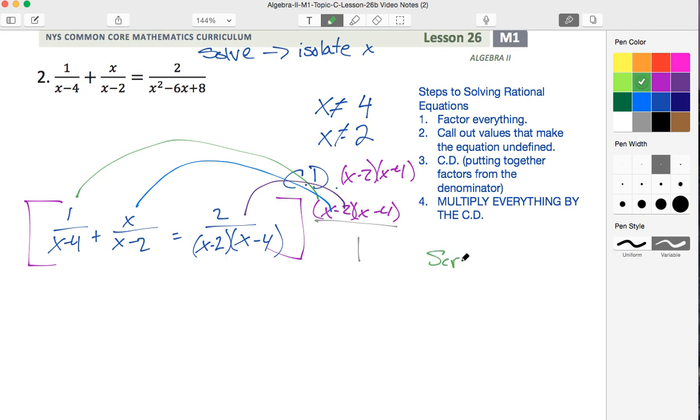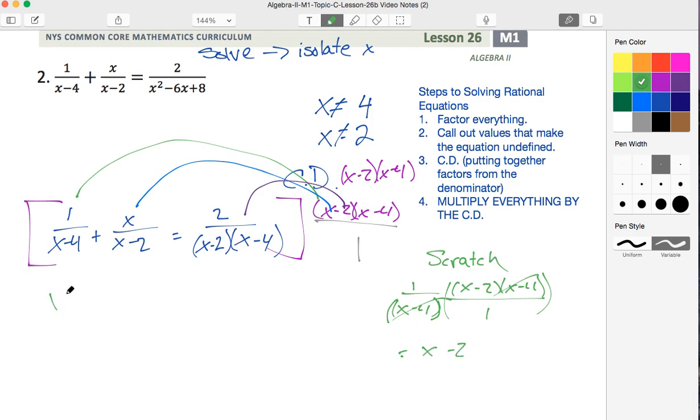In my scratch work, I am going to multiply 1 over x minus 4 times x minus 2, x minus 4, and technically this is all over 1. So now this is great because I'm using my multiplication skills. I can cross out my factors, x minus 4, the entire factor, and I'm left with x minus 2.